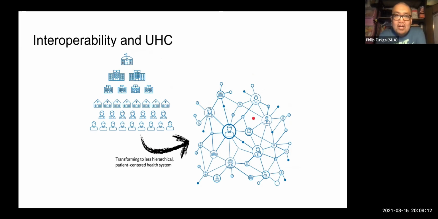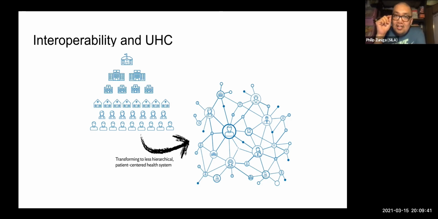Before I move to the next slide, let's first define UHC. Universal Health Coverage is the aspiration that a patient should be able to go to any health facility, anytime, anywhere, and receive the same quality of care with no financial burden.